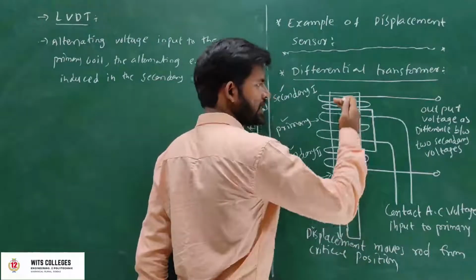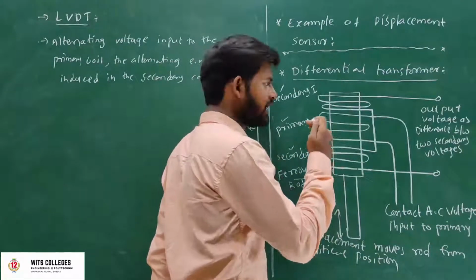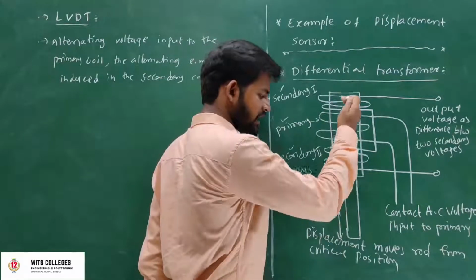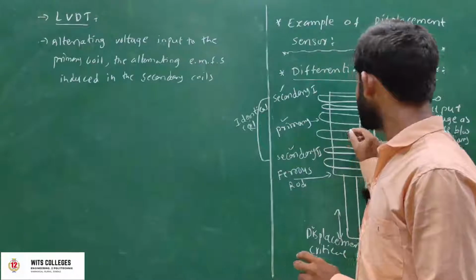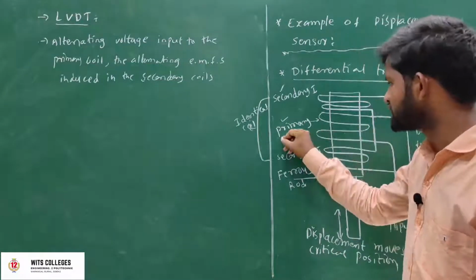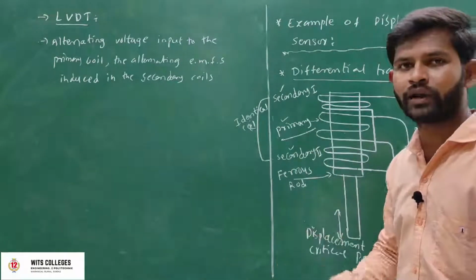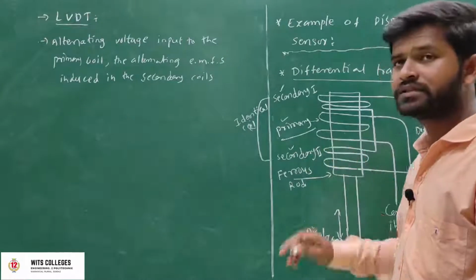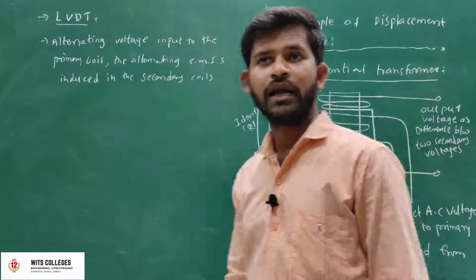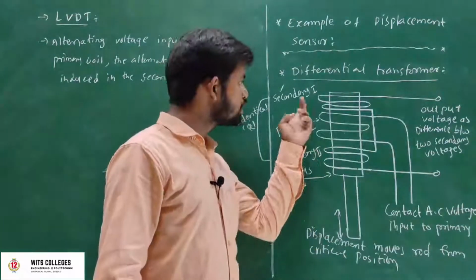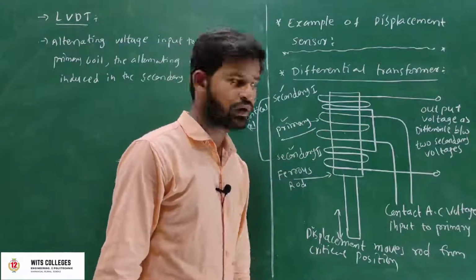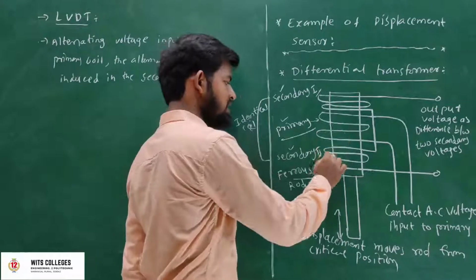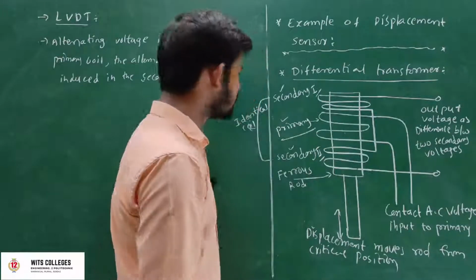The central coil is the primary coil, and the other two are the secondary coils, secondary coil 1 as well as secondary coil 2.